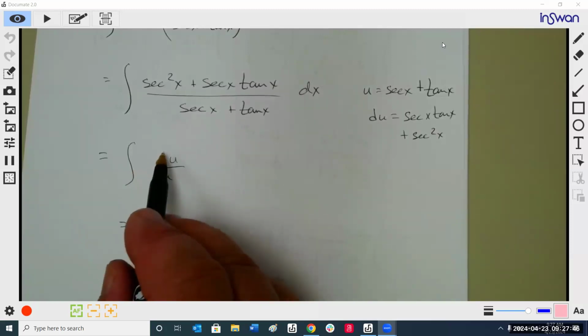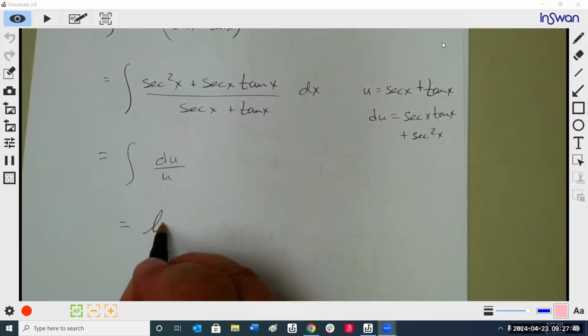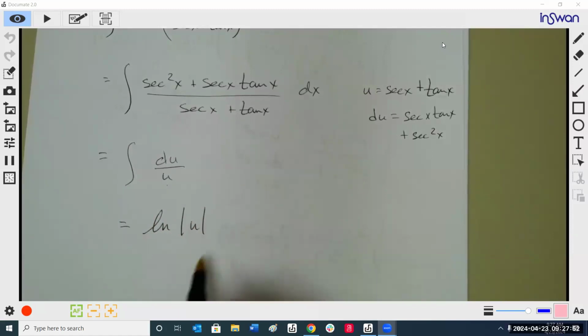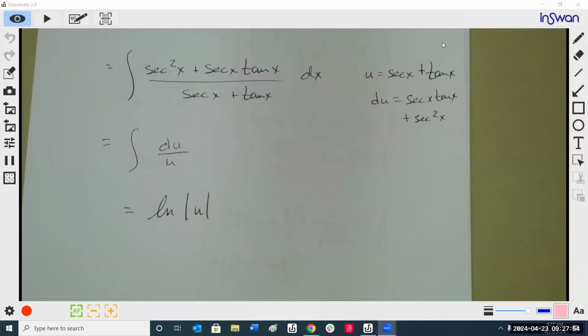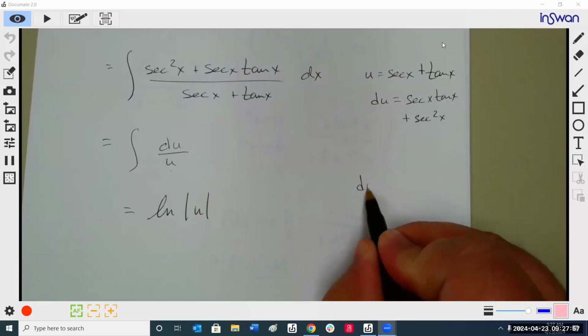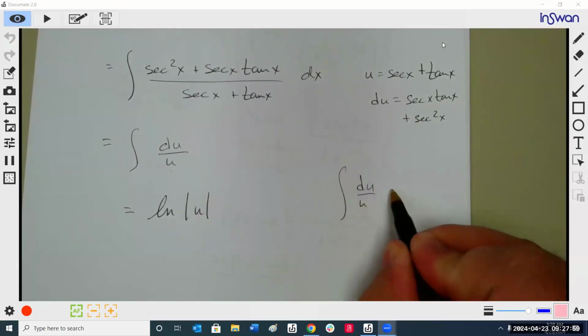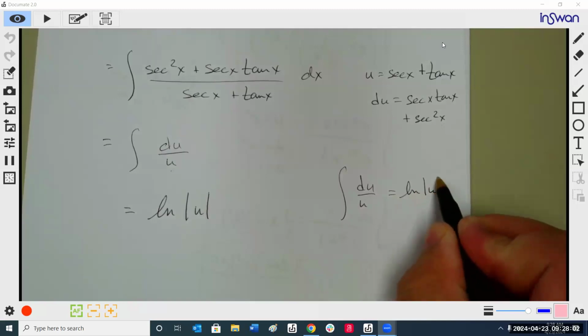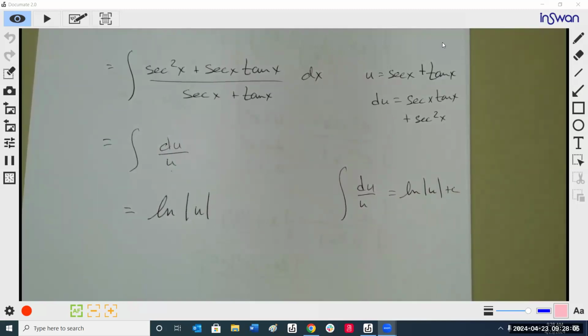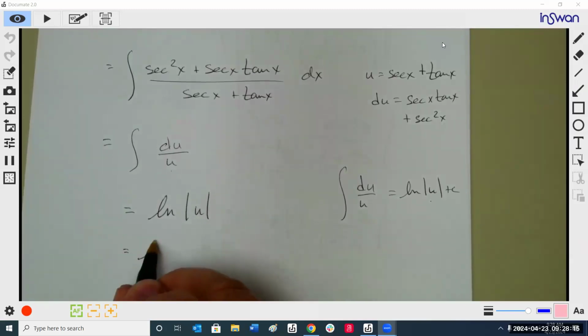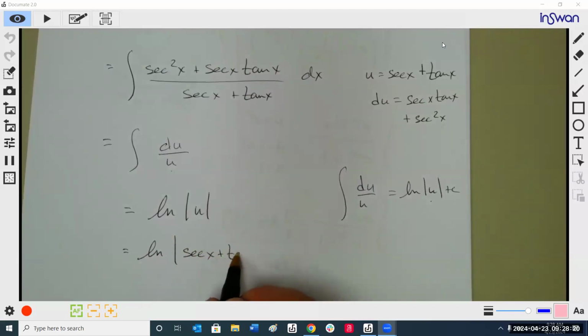The reason being because the integral of du over u is the ln of the absolute value of u. The integral of du over u is ln u plus c. Or the derivative of ln u is du over u. So that's ln absolute value of secant x plus tangent x plus c.